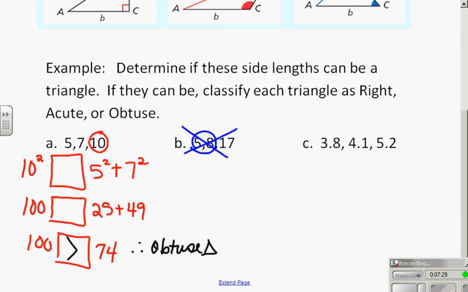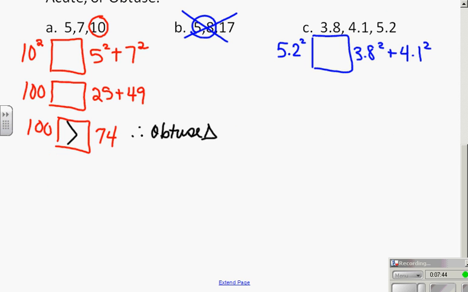B is a mistake, because if you check the inequality theorem, that can't even be a triangle, so we're going to skip that one for now. And if we look at C, how does 5.2 squared compare to 3.8 squared plus 4.1 squared?